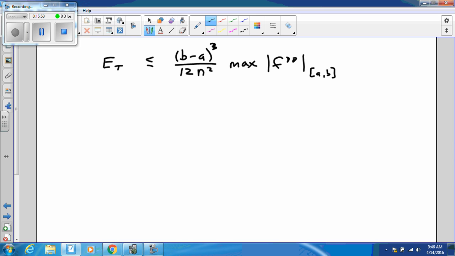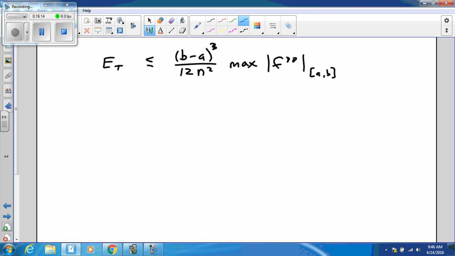There's a couple of different ways to derive this formula. One of them uses Taylor series to do it. We're not interested so much in why it works as in the mechanics of how it works.